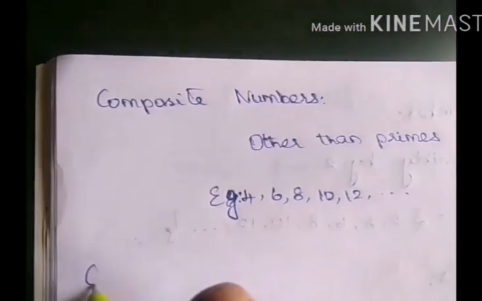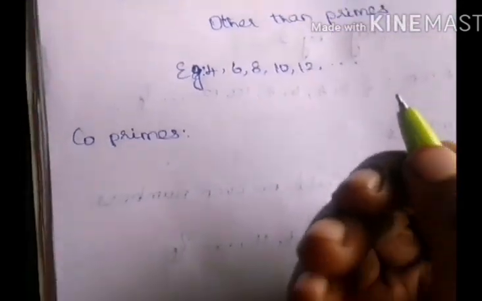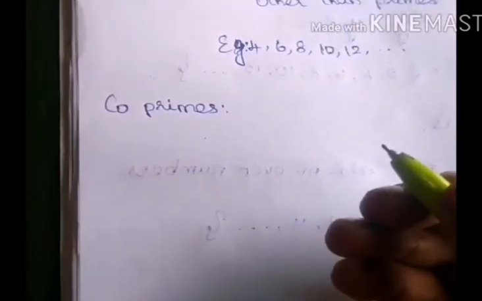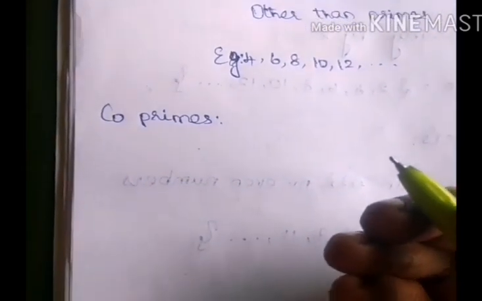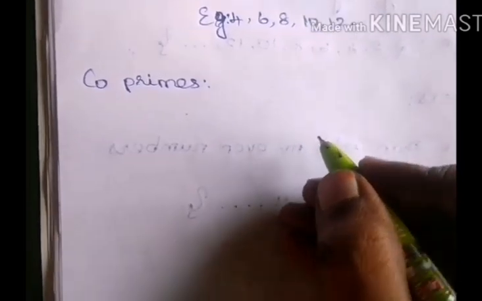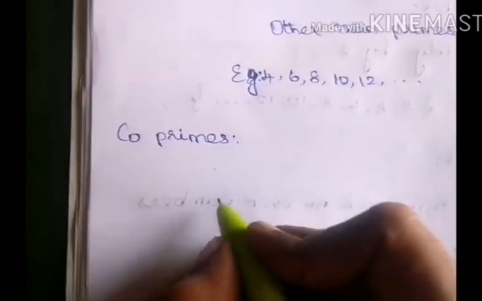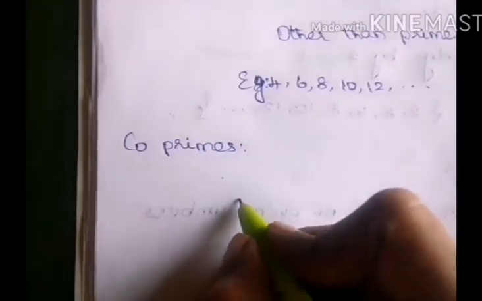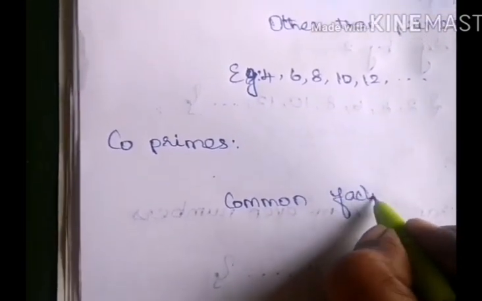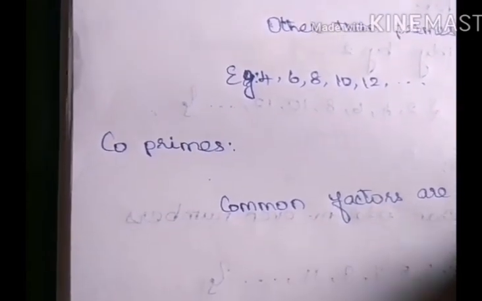Next we will be seeing about coprimes. We say two numbers are coprimes when the common factors of those two numbers are only 1.